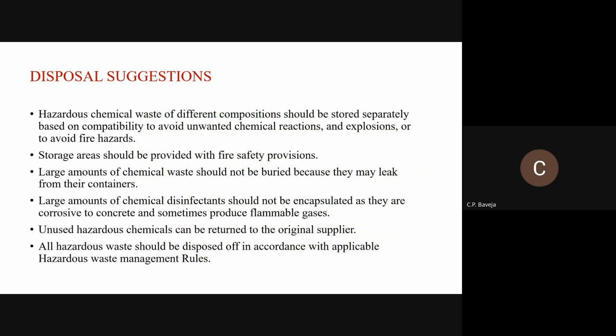Disposal suggestions. Hazardous chemical waste of different composition should be stored separately based on compatibility to avoid unwanted chemical reactions and explosions, or to avoid fire hazards.